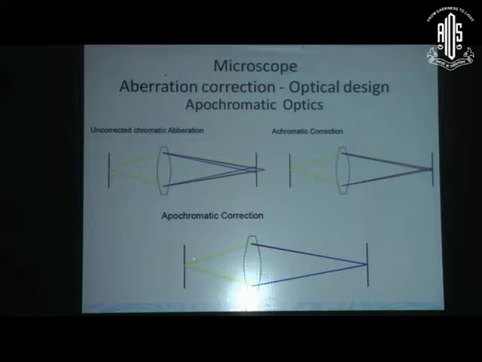When you have a 100% true apochromatic microscope, all the light beams, all 7 different colors, will be focused at a single point, and that will give you the best recording for the various kinds of colors that you obtain, but not aberration free, as you can see here in the other diagrams.